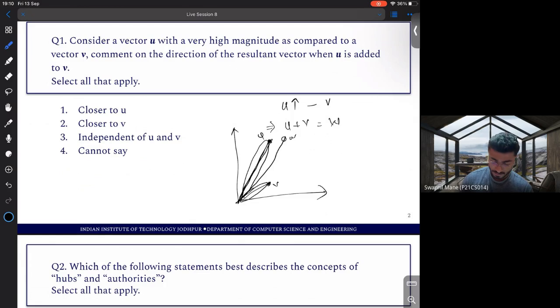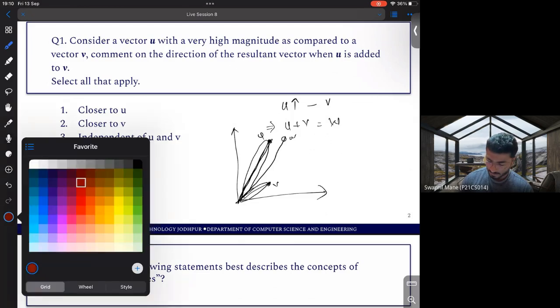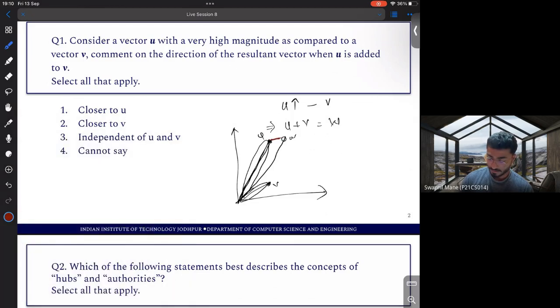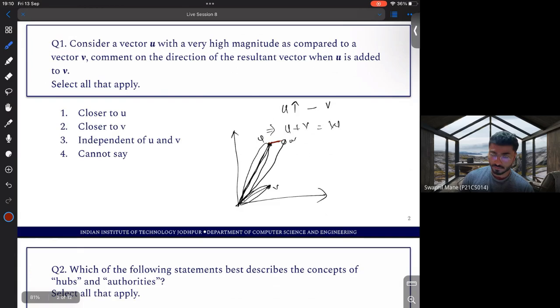This is some distance. It's not exactly the same position as u; it depends on v.